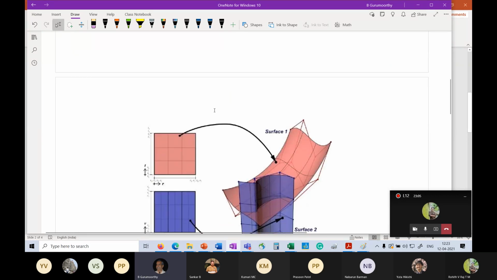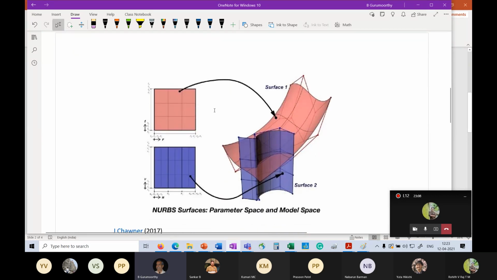Okay, so let's go back to this example, which is somewhat similar to what we were looking at. These are the two surfaces, the red and the blue. The red is defined over some interval space, parametric space R and T, and so we have a mapping from this parametric space to points on this surface.